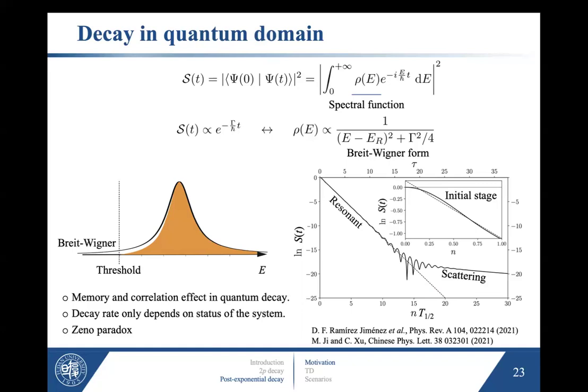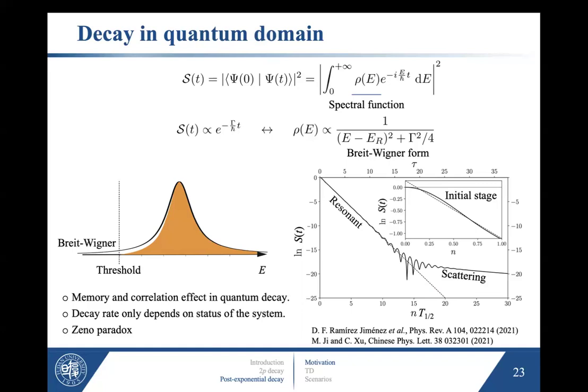But we know that this cannot be true in reality because this Breit-Wigner shape means it will have a symmetric shape, and the energy will go to infinity. But in reality, there is a threshold effect. Below the threshold is energetically forbidden for decays. So this threshold will distort this Breit-Wigner shape. And as a result, the decay cannot always be exponential in this open quantum domain.